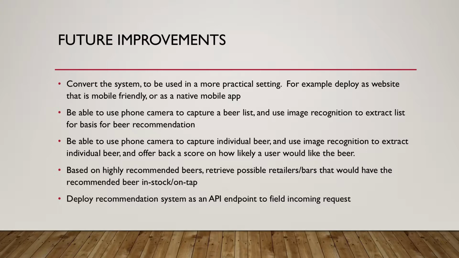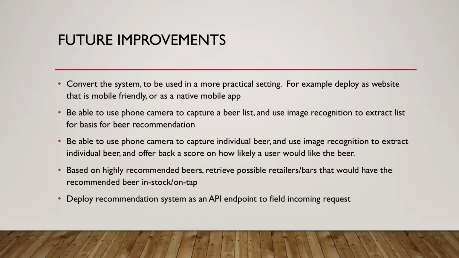An extended functionality would be, based on the 10 recommended beers returned to you, to query various bars and retailers in the surrounding location and see which of those would actually have those beers on tap so you can go out and try them. Having this set of beers is great for knowledge, but how do you actually take action on it?